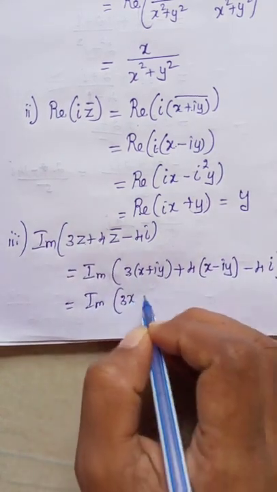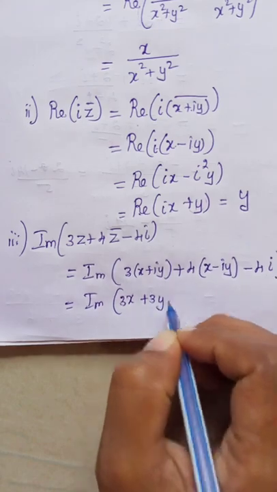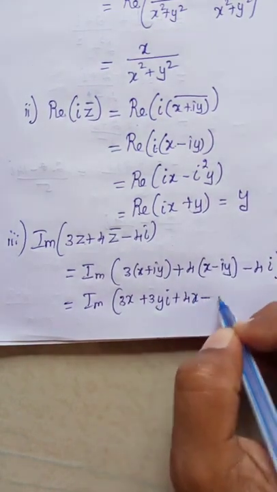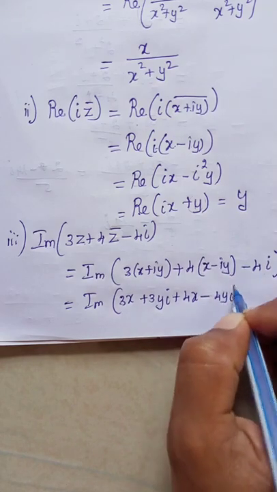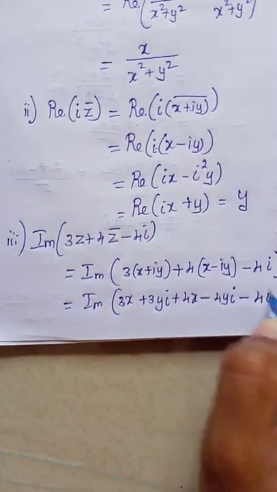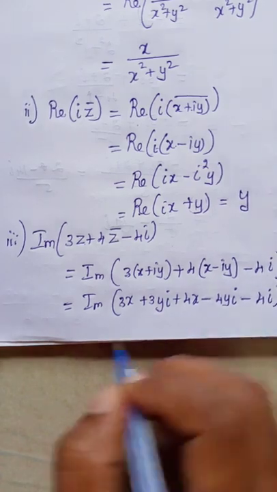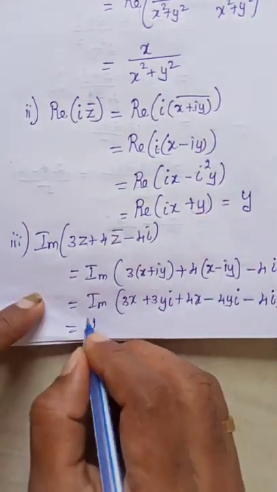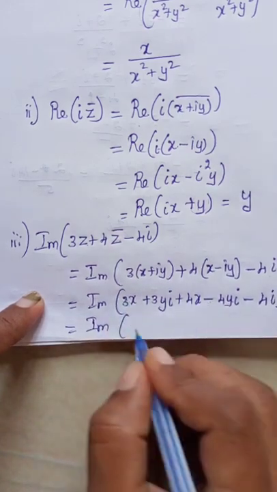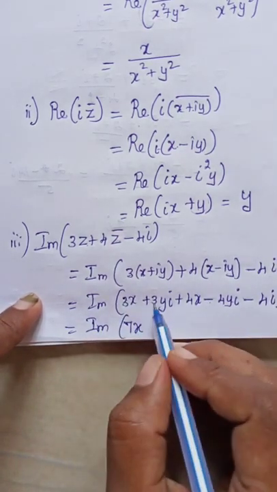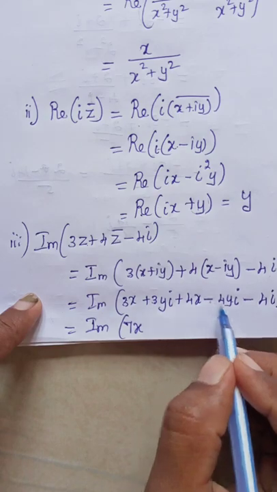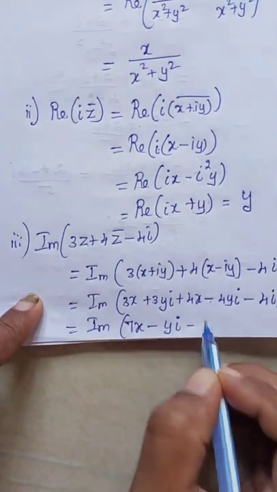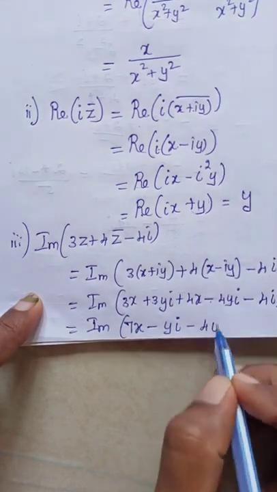So 3x plus 3y into i plus 4x minus 4y into i minus 4i. The imaginary part means only the part with the i, isn't it? So let me write it: 3x plus 4x, 7x. 3yi minus 4yi, that is minus y into i, minus 4i.